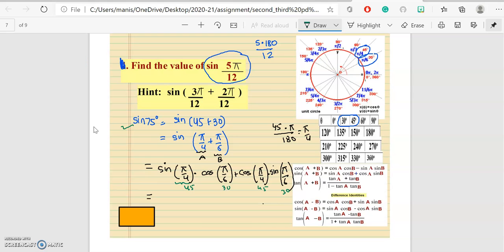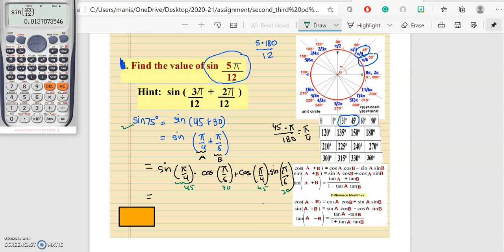So instead of pi over 4, I will just write 45, because pi over 4 is in radians but 45 is in degrees, and my calculator works in degree mode. But both of them give us the same answer. This is the shortcut which I am teaching you.